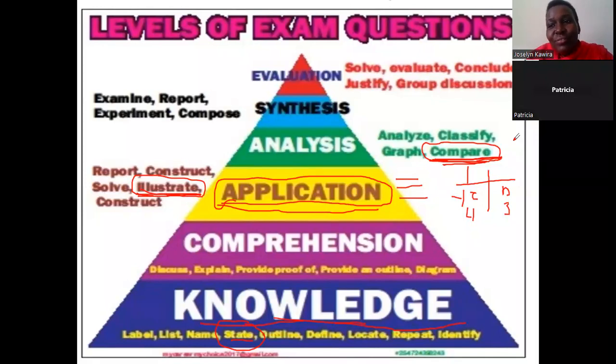Justifying, you may not find it in high school, but when you go to college, you will be told to justify your points. So you'll still get these ones. Justifying is on a higher level of exam question.